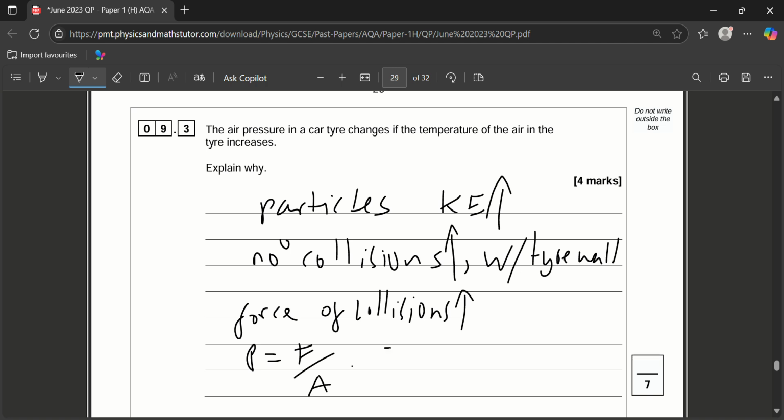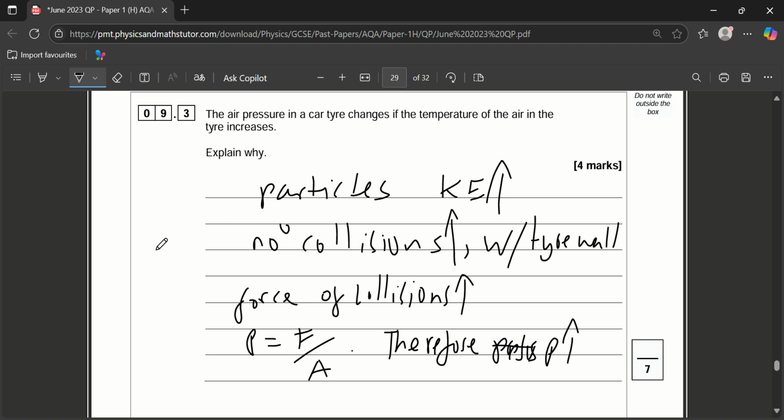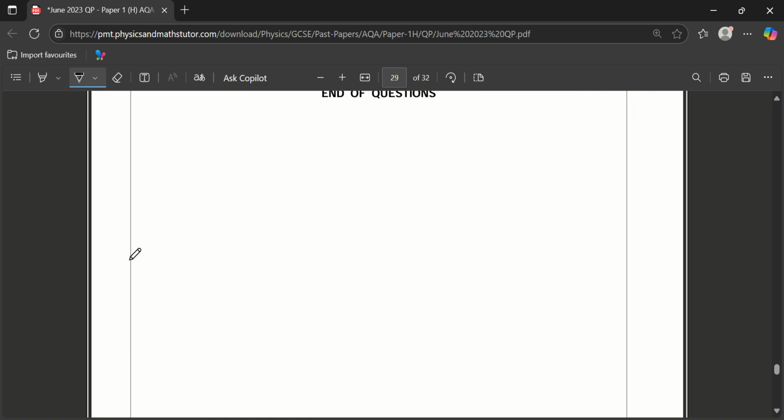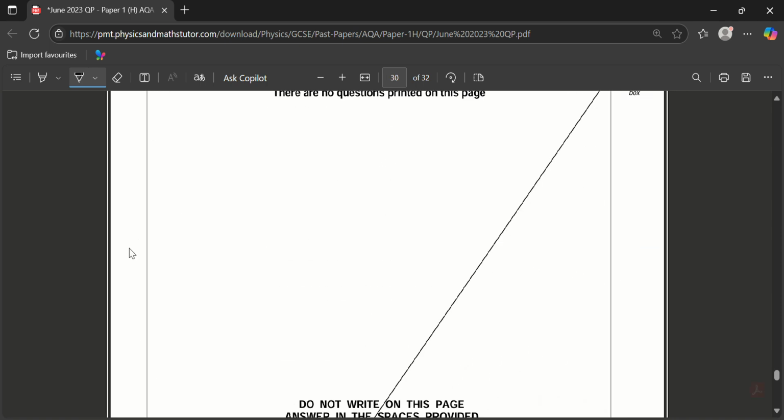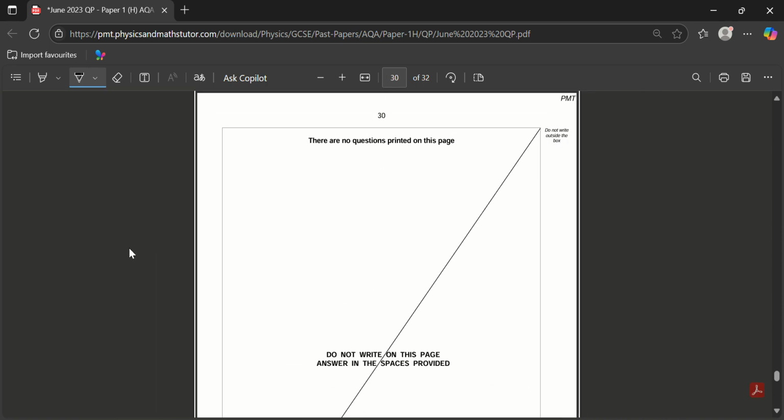And finally, since we know that pressure is force over area, we can say, therefore, pressure increases, as there is greater force of collisions per meter squared, I guess you can say, because it's in pascals.